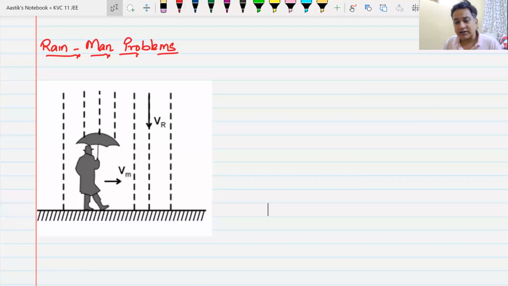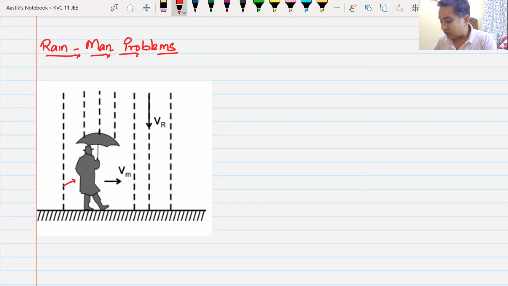So this is the most general case, where you see this man. Man is walking and in most of the cases rain is falling vertically downwards. Whenever we see VR or we see VM, these are velocities of rain and man with respect to ground.